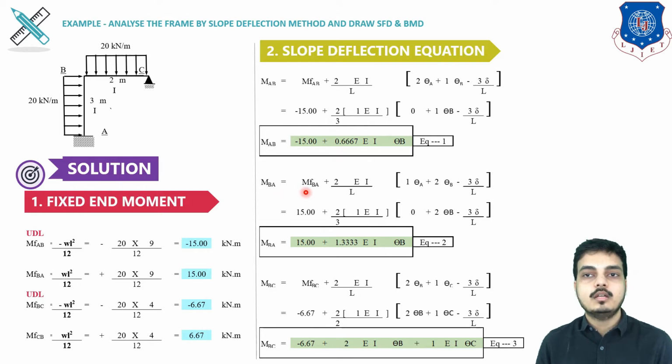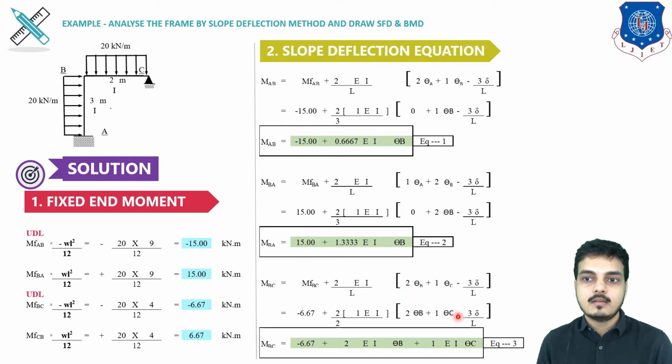Now for equation number 2, MBA is MFBA plus 2EI upon L in bracket 1 theta A plus 2 theta B minus 3 delta by L. Theta A will be 0, theta B is unknown, and delta will be 0. The same equation, but multiplied with 2, gives 1.33 EI theta B. Now for MBC, it is MFBC plus 2EI upon L in bracket 2 theta B plus 1 theta C minus 3 delta by L. The equations are the same.